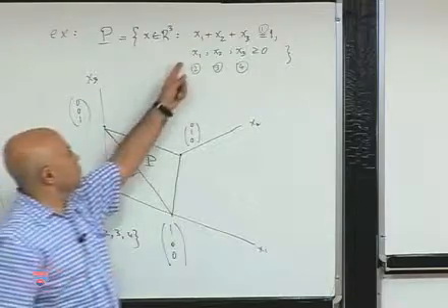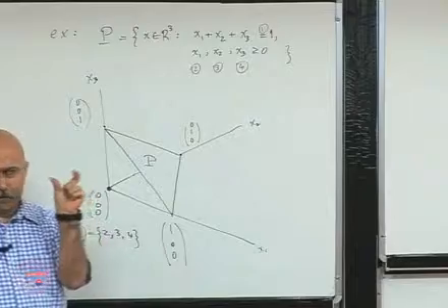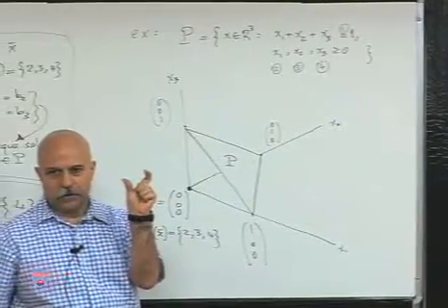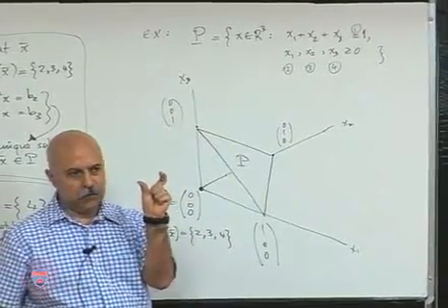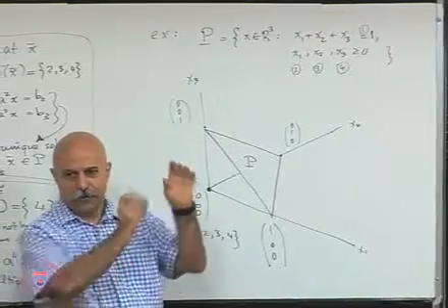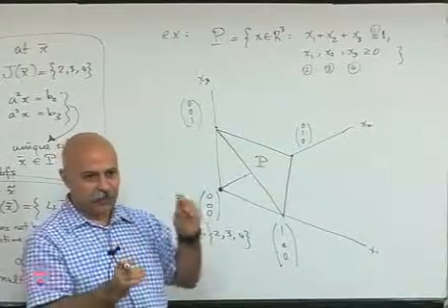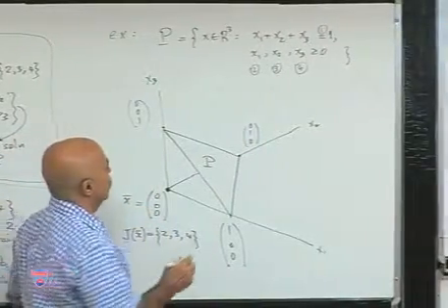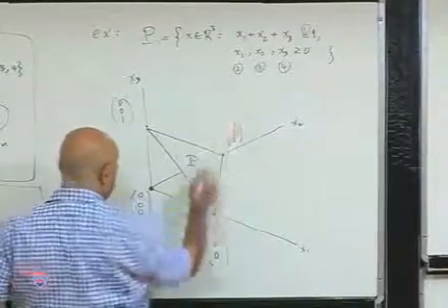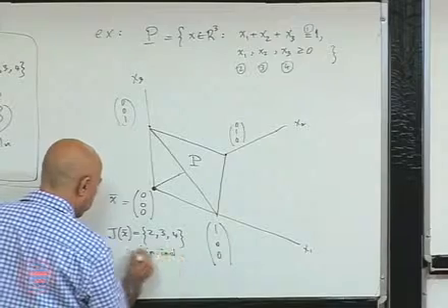The first constraint, x1 greater than or equal to 0, the normal of that is the unit vector (1, 0, 0). Okay? Because x1 greater than or equal to 0 means the first unit vector times x greater than or equal to 0. So, obviously, they are linearly independent.